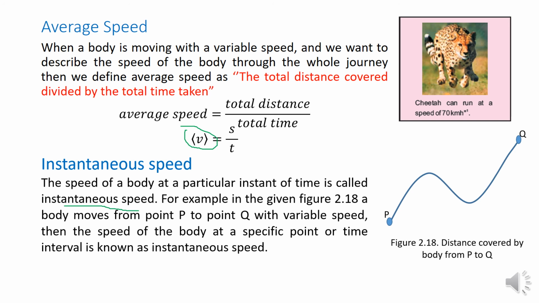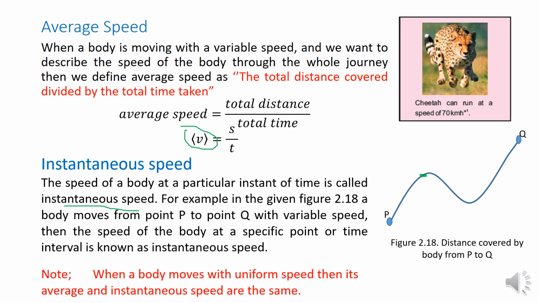Then, if you want to find the speed of the body at a particular point or a particular instant of time, whatever the speed may be, the speed of the body at that point is called instantaneous speed. Note that when a body moves with uniform speed, then the average speed and instantaneous speed will be the same.